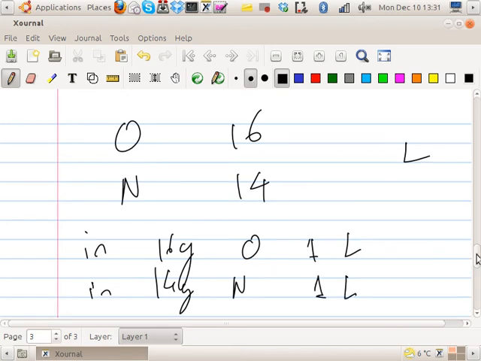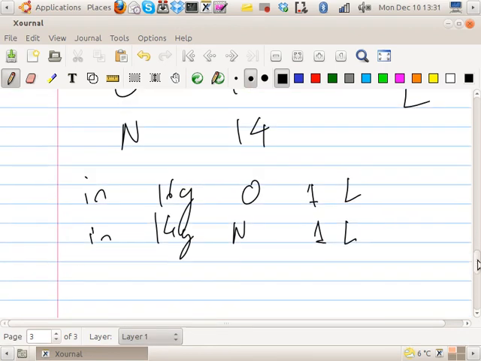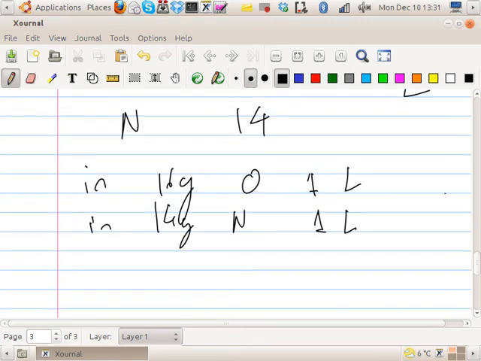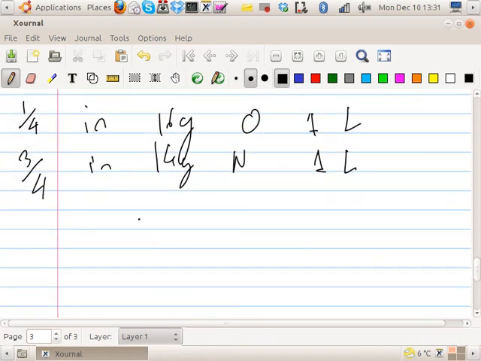And what was the value for L? It was 6.02 times 10 to the 23. Now, I roughly think it's 3/4 this one and 1/4 this one. So, for example, let's make it nice and easy.